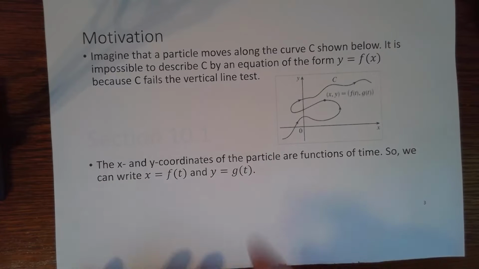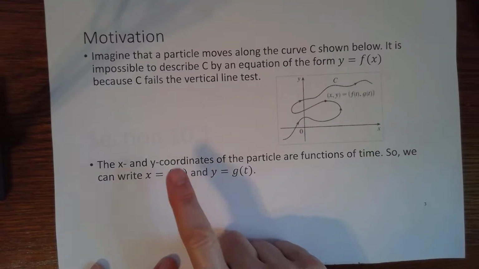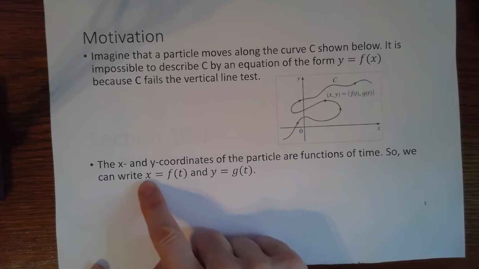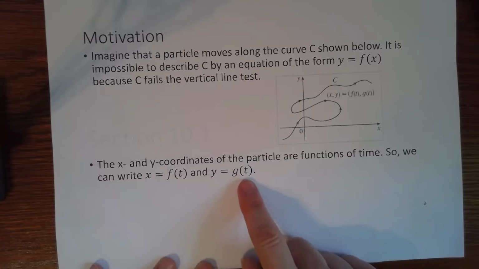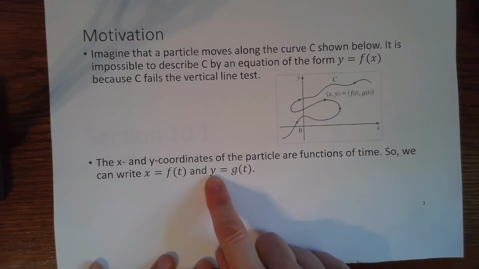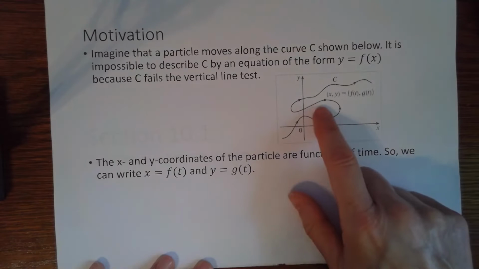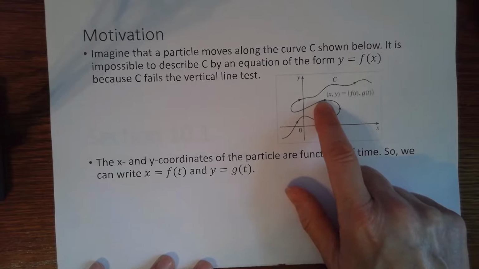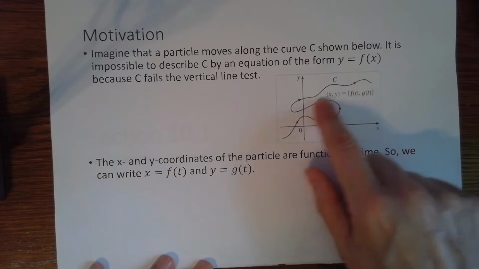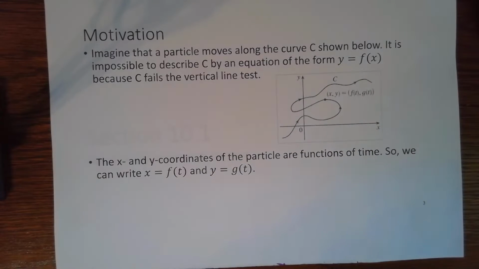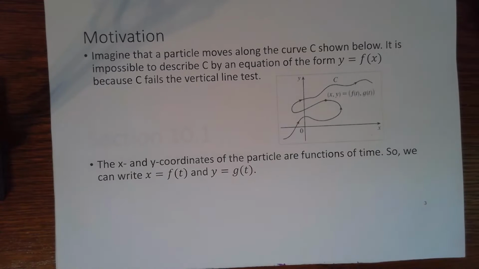So if I can write a function with respect to time that gives me the x-coordinate and a function that gives me the y-coordinate, then I can specify the location of that particle, and hence all the positions on that curve, with two functions. And that is what parametric equations are.